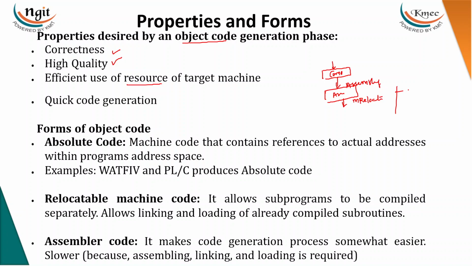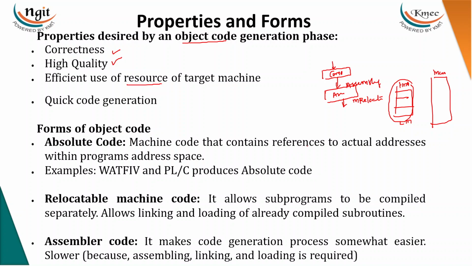See, the code is actually stored in the hard disk. Hard disk means logically existing memory, right? But if you want to execute, it should be executed in the main memory. So this code in the hard disk is called machine relocatable code, which is executed separately, every module.